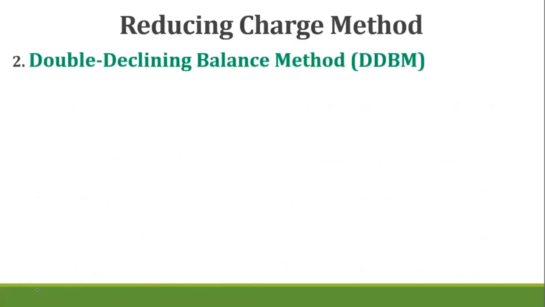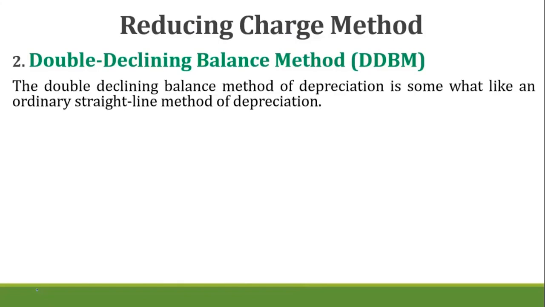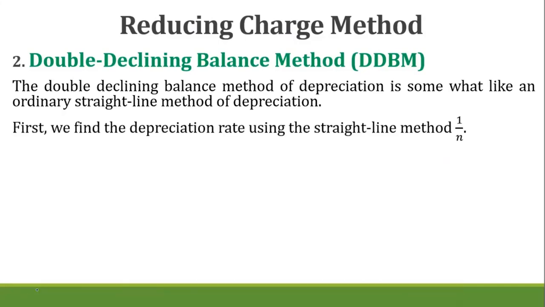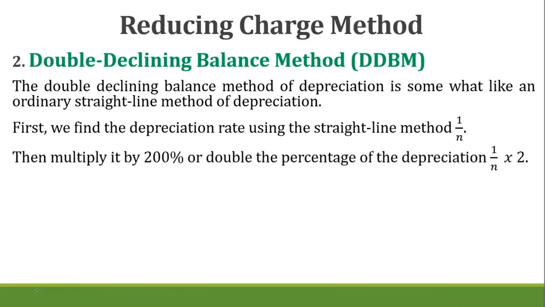Okay? And we have the double declining balance method or the DDBM. So, this method of depreciation is somewhat like an ordinary straight line method of depreciation. First, we find the depreciation rate using the straight line method 1 over n, and then multiply it by 200% or double the percentage of the depreciation, 1 over n times 2.